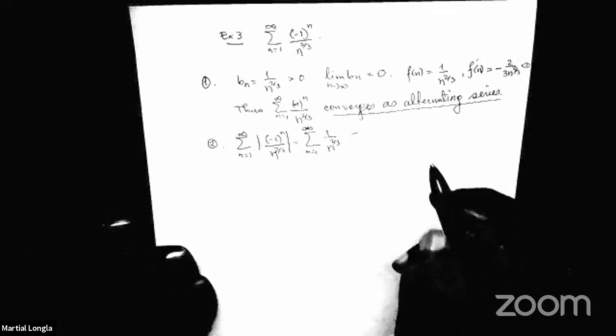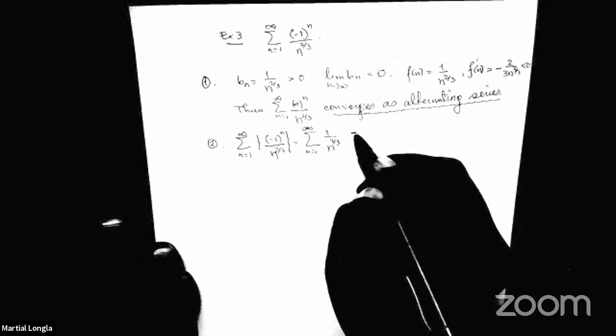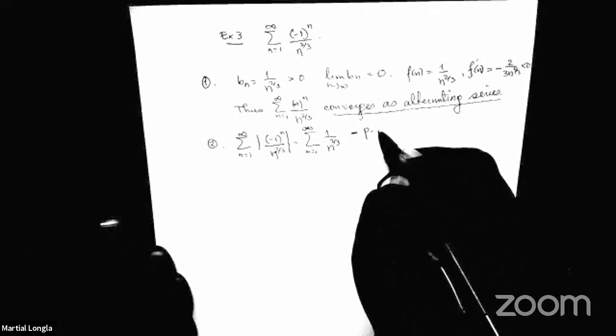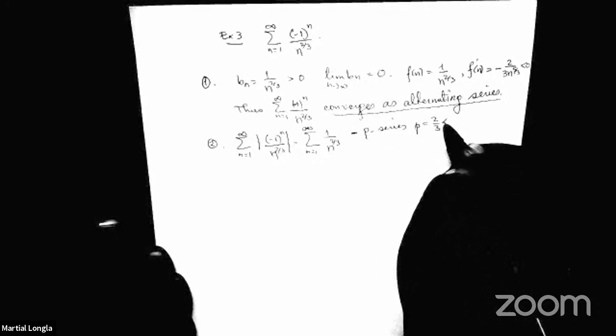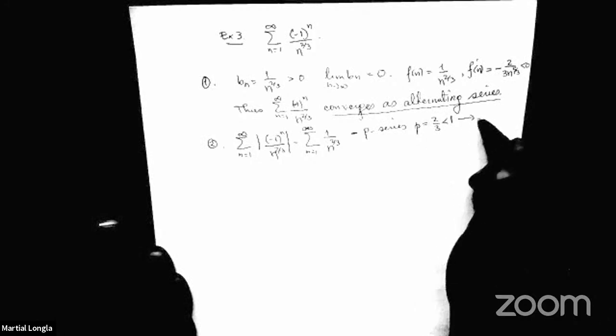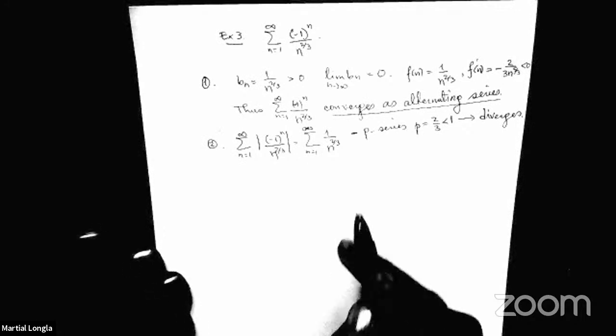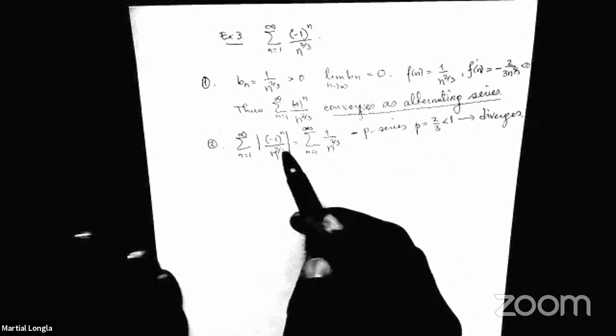So you did everything right, but then you gave the wrong conclusion. So this is a p series. P is 2/3, less than 1, rightly said. So it diverges. Now, if it diverges, it means the sum of absolute values doesn't converge.